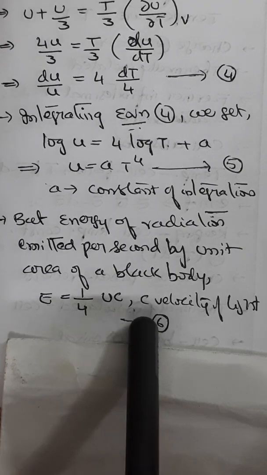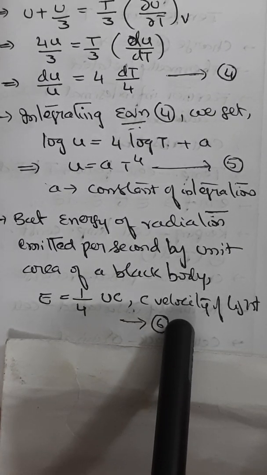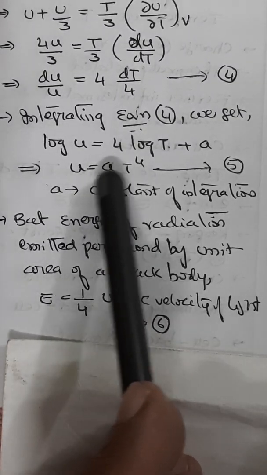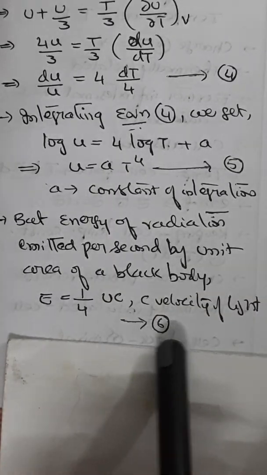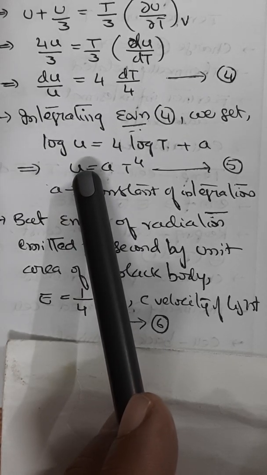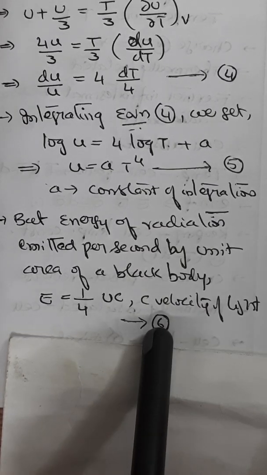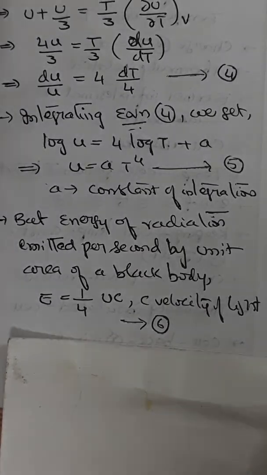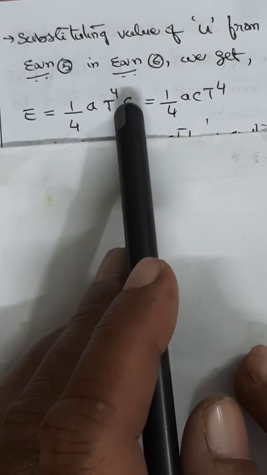Now substitute the value of u from equation 5 in equation 6. E equal to 1/4 uc, u is equal to AT power 4.